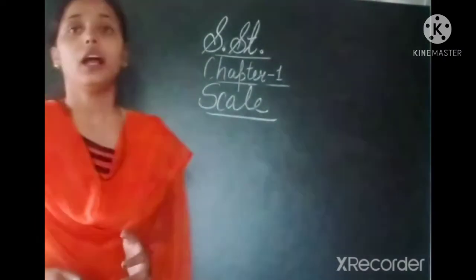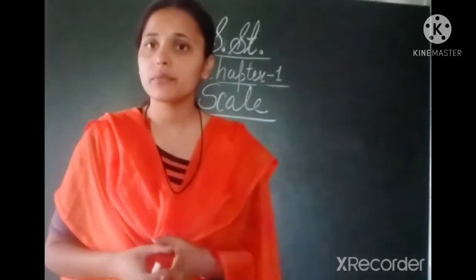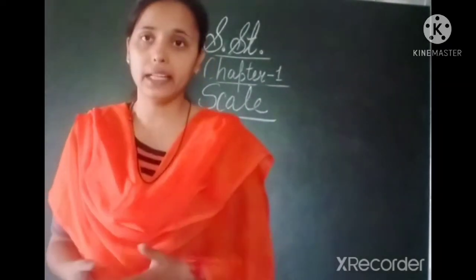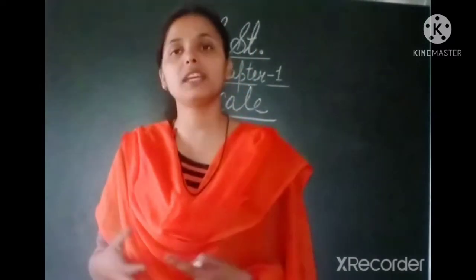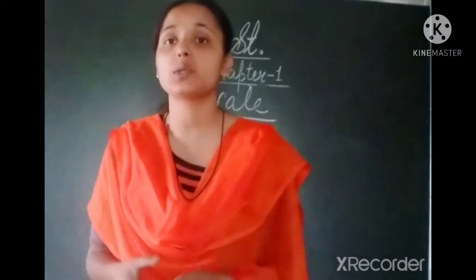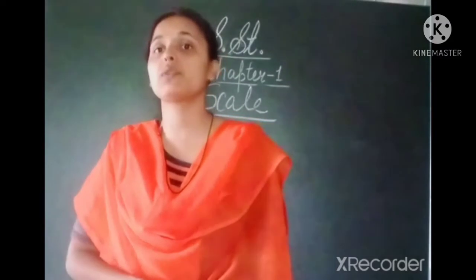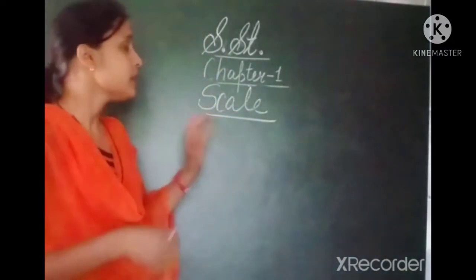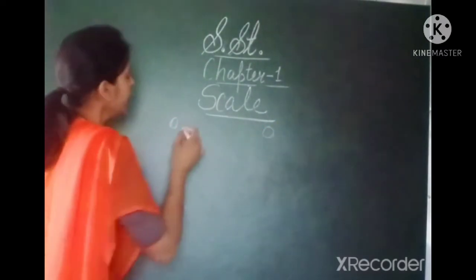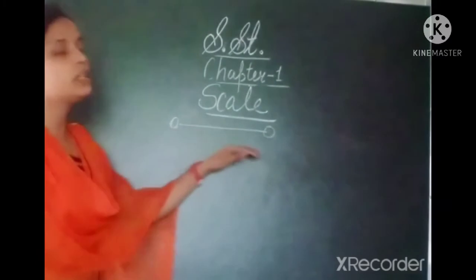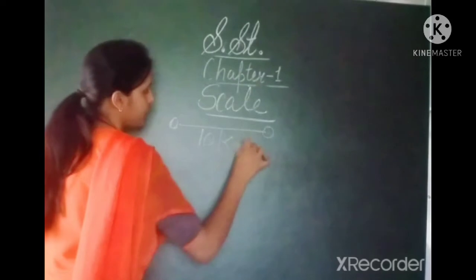Now tell me, beta, what do we use a scale for? To measure anything. Okay, to measure anything. Now in a map, we cannot show the actual size or actual distance of a particular place, that's why we use a scale on a map. Suppose these are two places, and the distance between these two places is 10 kilometers.